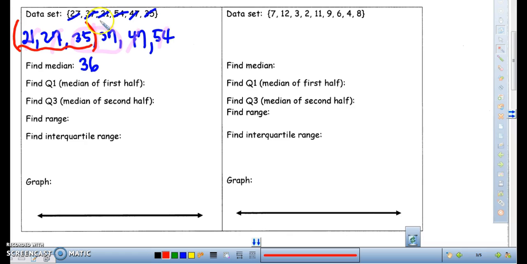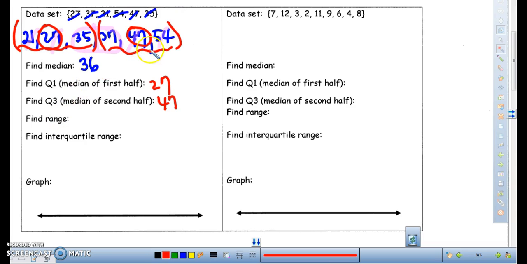And you look at these 3, which is your second half. Right here is your median for the first half. That is 27. Median for the second half is 47. So this is your first quartile, this is your third quartile.